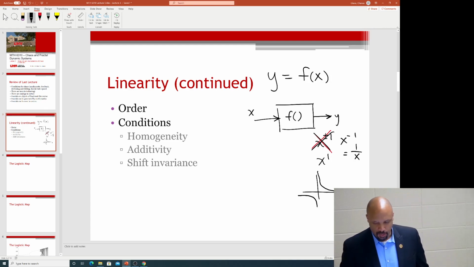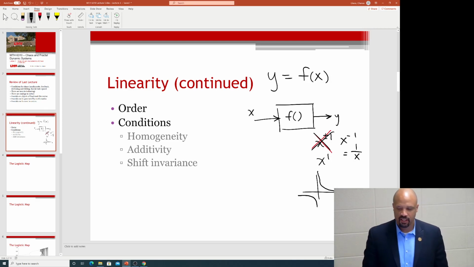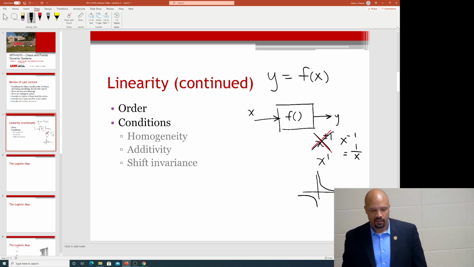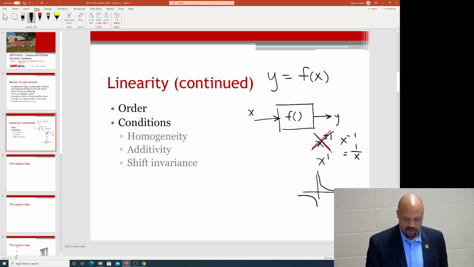Now, what are other conditions of linear systems? Well, there's this idea of homogeneity.